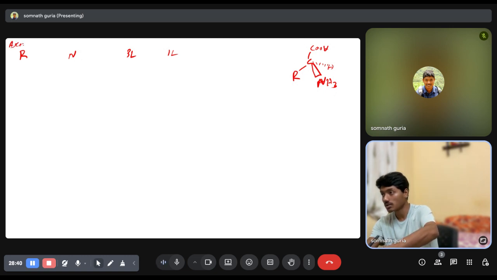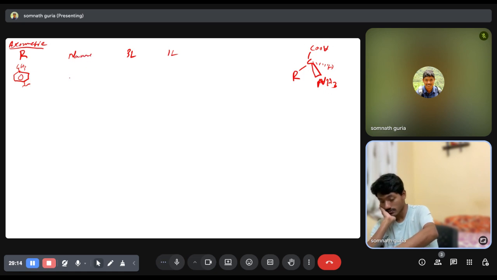Now coming to the aromatic. So now if my R group becomes CH2 and this is the binding, it's called, what is the name?